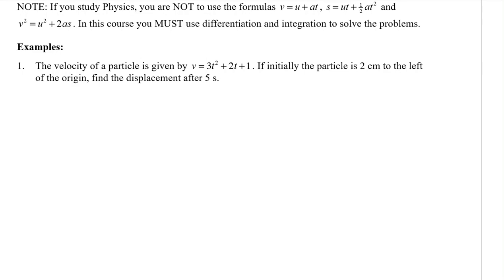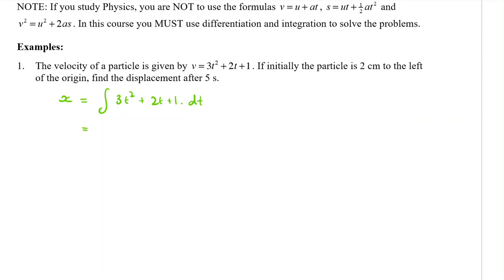My equation is a velocity equation, and I need to find a displacement equation, which means I have to integrate it. The displacement will be equal to the integral of 3t squared plus 2t plus 1, and I'm integrating with respect to time.